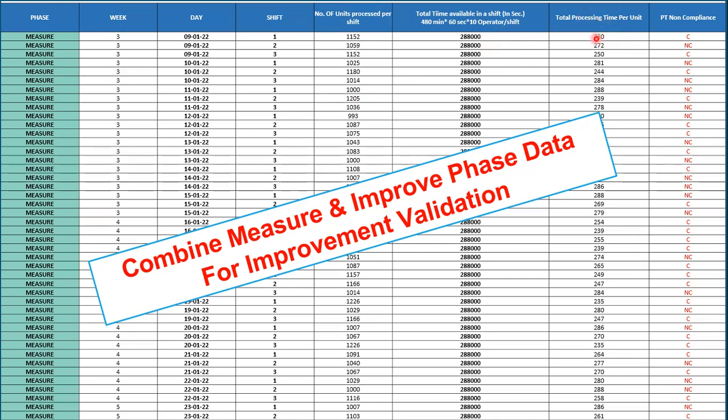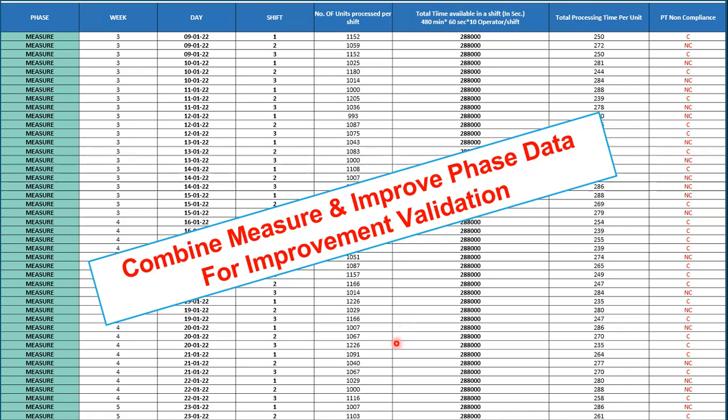Next is the column of total processing time, that is this cell divided by this cell. If it is less than 270 seconds, that's the target given, or specification limit allowed by the client, then it is compliance. If it is more than 270 seconds, it will be non-compliance. So the next column is for PT non-compliance.